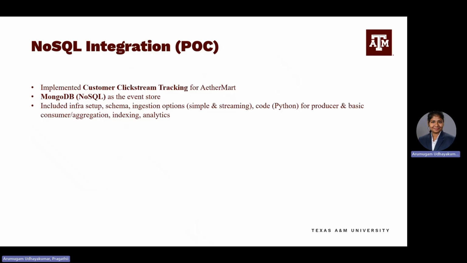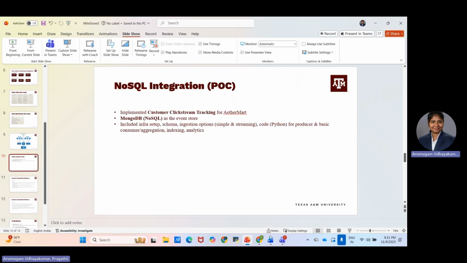So I'm going to track the clickstream of all the customers based on the platform they are using, and the operations they are doing, and then I perform analytics: how long the user is staying in the application, what they are doing, which buttons they are clicking, and everything. This is what clickstream tracking is. In order to perform this, I have utilized MongoDB, and I have implemented CRUD applications of this clickstream operation. And I'll get to my demonstration further.